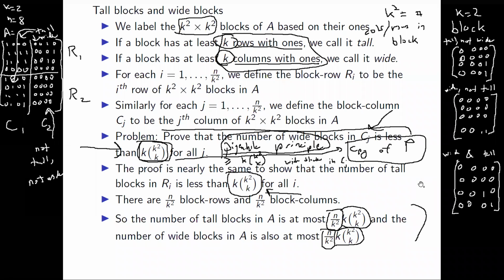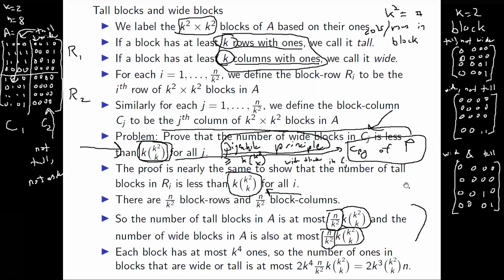And so we can add them together and we can multiply by k to the fourth, because in any block in the whole matrix, the maximum number of ones we can have in that block is k squared times k squared, because the number of entries in the block is k squared times k squared. So the maximum number of ones we could have is k to the fourth. So the maximum possible number of ones in blocks in A that are wide or tall is going to be at most the quantity that we got in this bullet times k to the fourth.